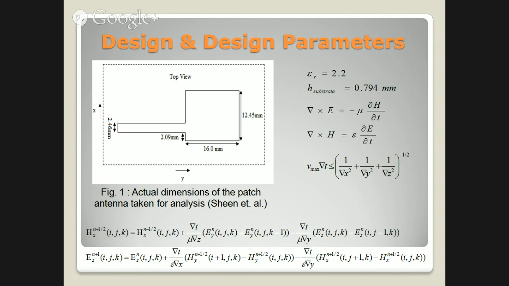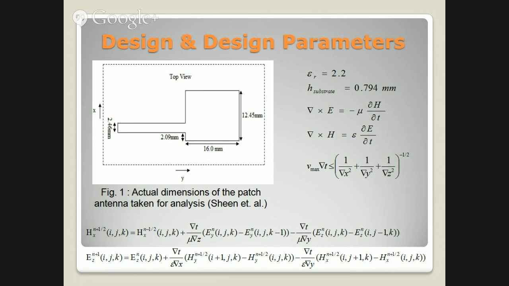If we take the discrete equations of Maxwell, then we get 6 parameters: Ex, Ey, Ez and Hx, Hy, Hz. Out of 6, I have shown 2 here, Hx and Ez.